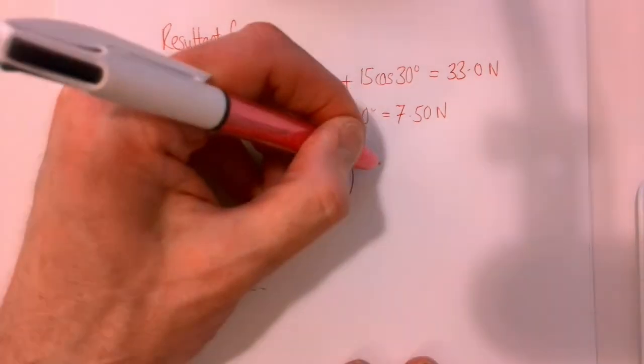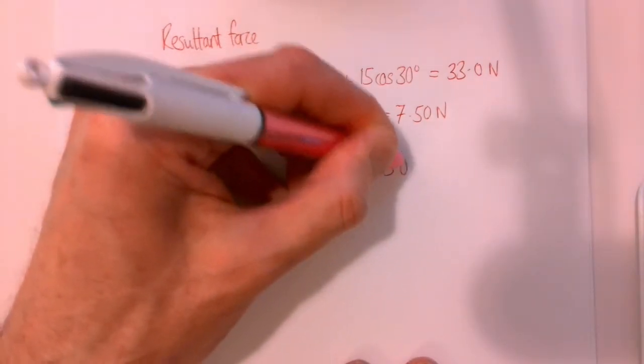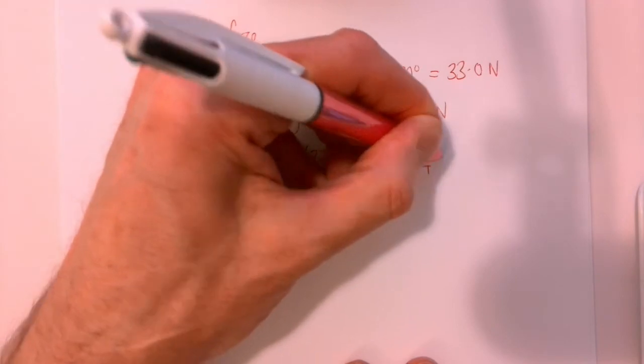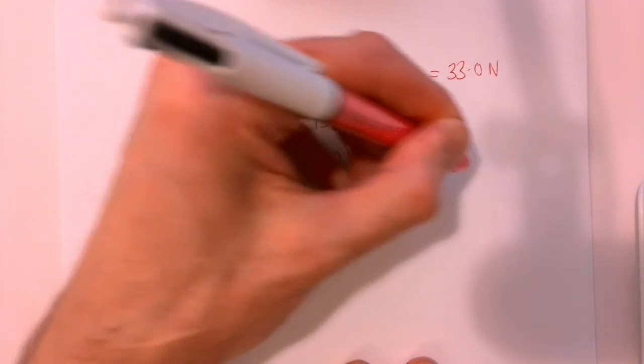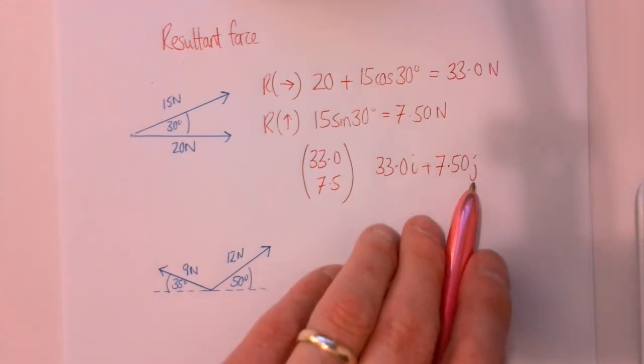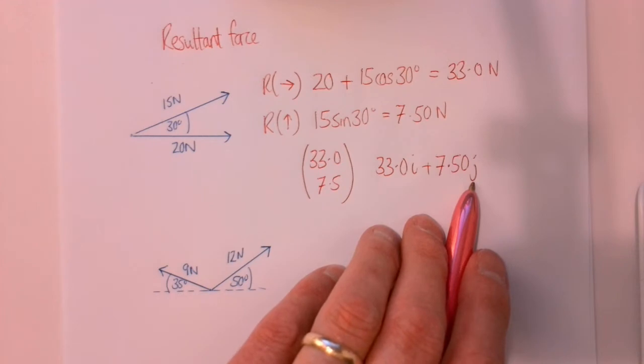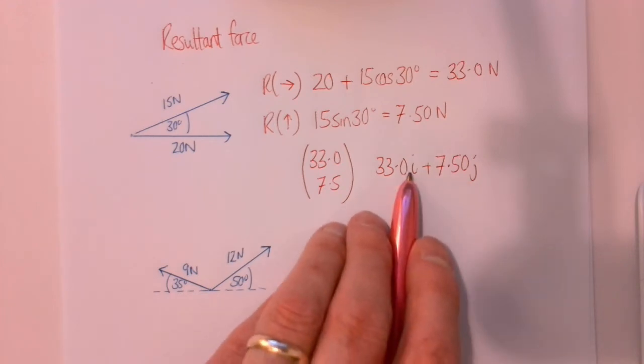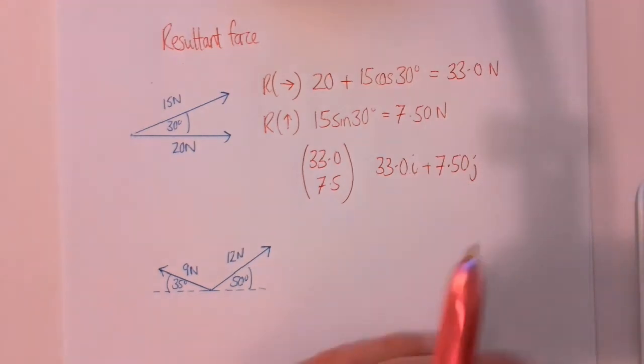But you may also remember we used i and j notation. i is a force of 1 newton in the horizontal direction, and j is a force of 1 newton in the vertical direction. Actually, they're not just used for force. It depends on what we're dealing with.